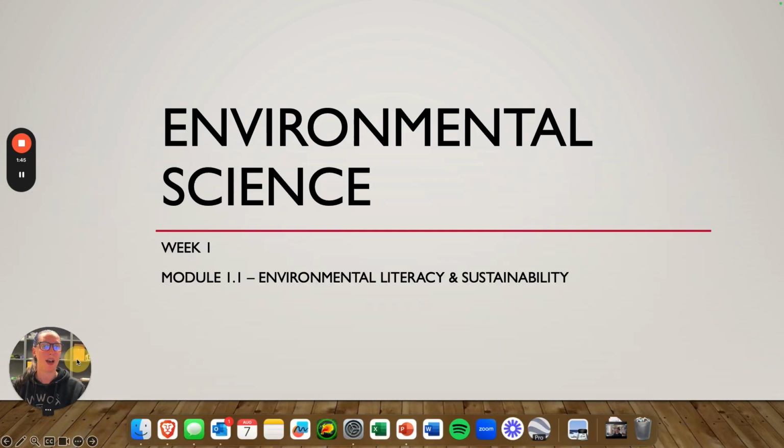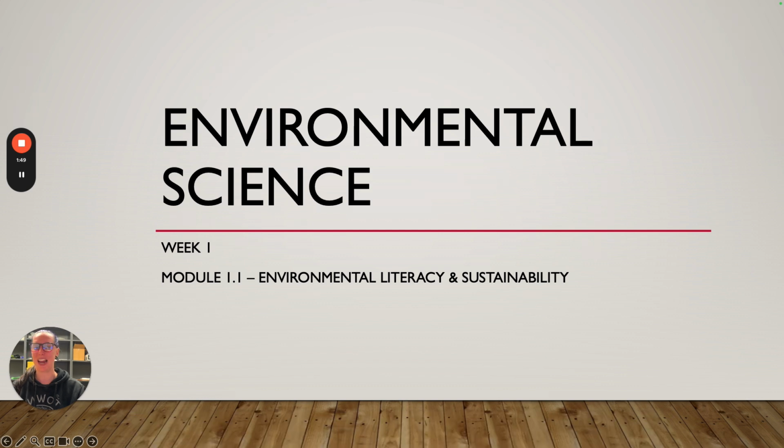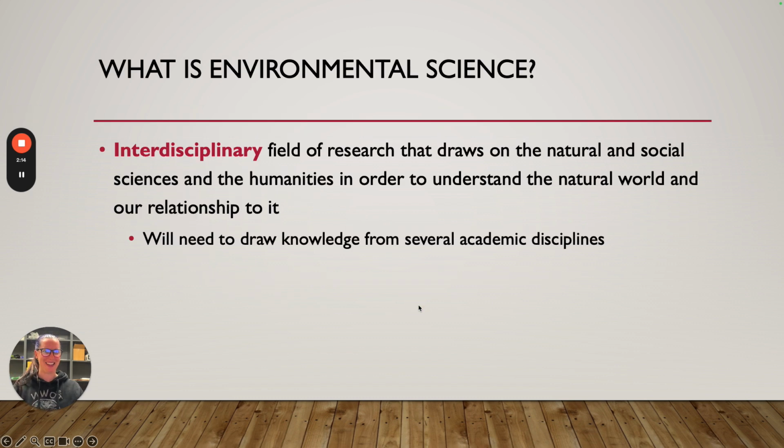So welcome to our first week, right? We're going to hang out over here in week 1. This will be covering module 1.1, which your book covers as environmental literacy and sustainability initially. But before we can jump into talking about literacy and sustainability, which will be covered more in the book material rather than in the videos, we first have to talk about what this thing called environmental science is.